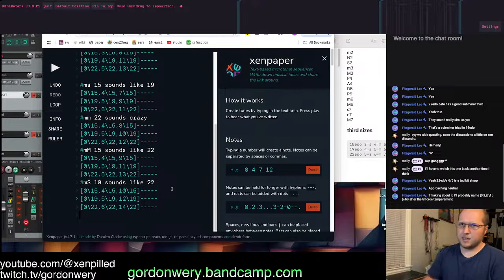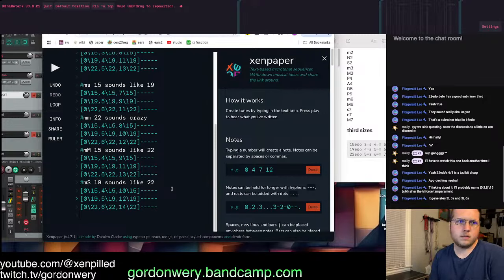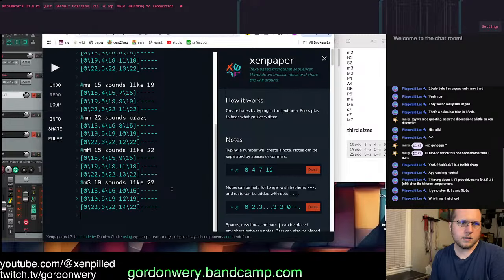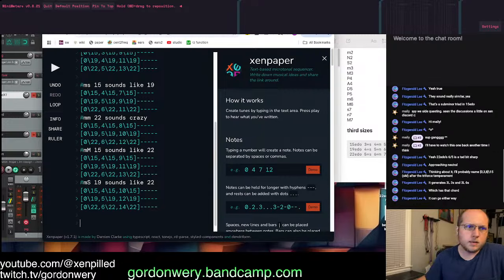I could see that one generates 3L3S and 3L6S, which has that chord. Oh, I see. That's kind of like a whole tone, I guess. Is that true? I don't know what it is. Okay. So that's the minors. It can go either way.